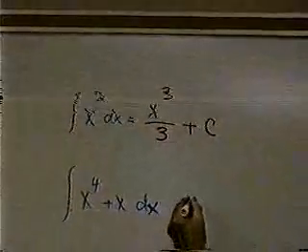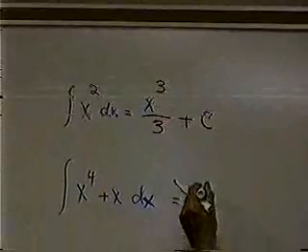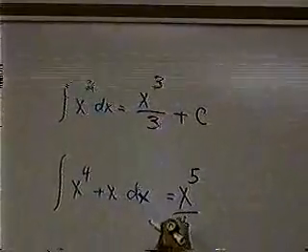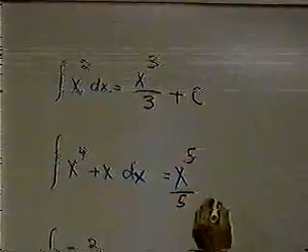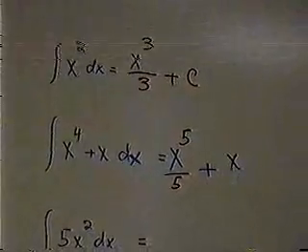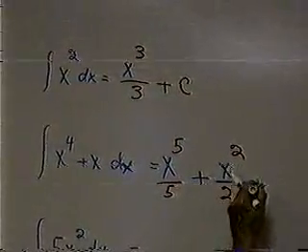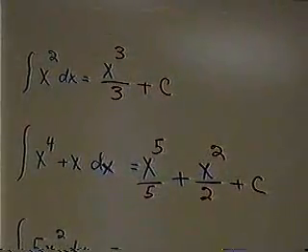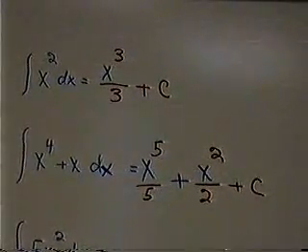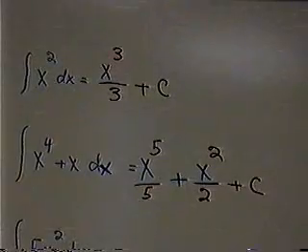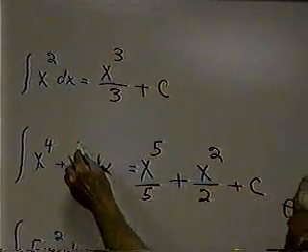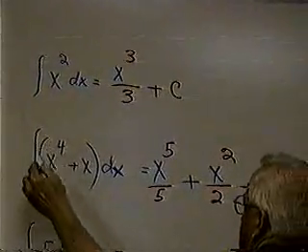So this would be x to the 5th over 5 plus x to the 2nd over 2 plus c. Now, this is a technicality we need to pay attention to. You will see in the textbook a lot of times this in parentheses.